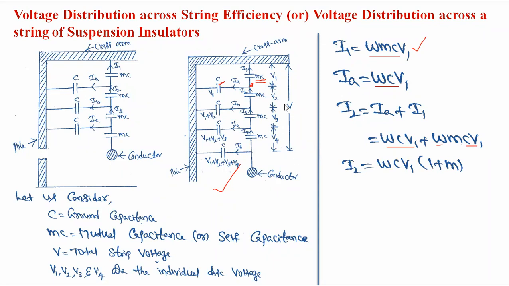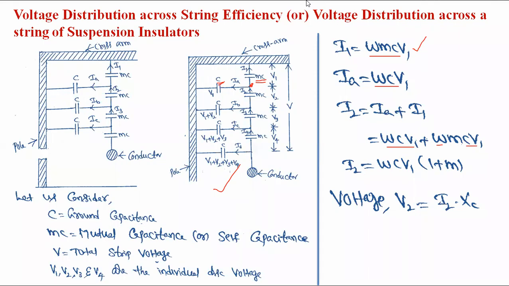Now, what is the voltage V2? V2 equals the voltage across which the current I2 flows. This is the capacitive reactance, represented by XC. Inductive reactance is represented by XL, where XL is 2 pi FL and XC is 1 by 2 pi FC.